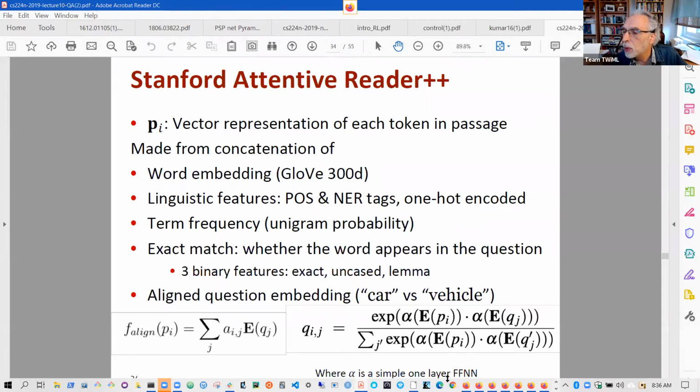Alpha is a simple one-layer feed-forward neural network. So this looks like a dot product between the passage and the query word. And it actually looks like a softmax kind of score. So yeah, but I don't have too much more understanding of that.